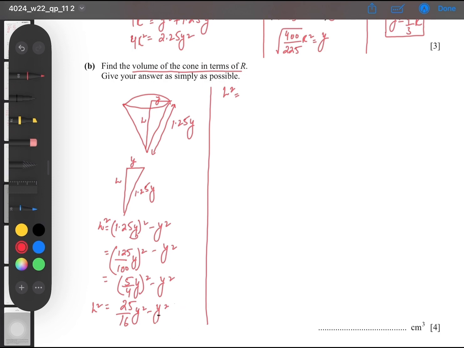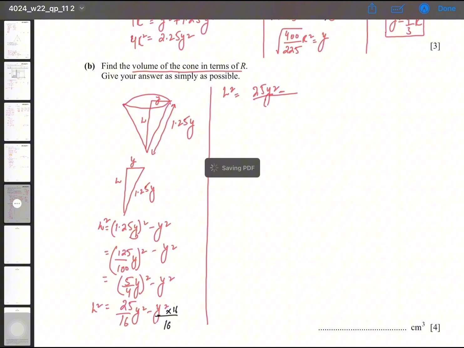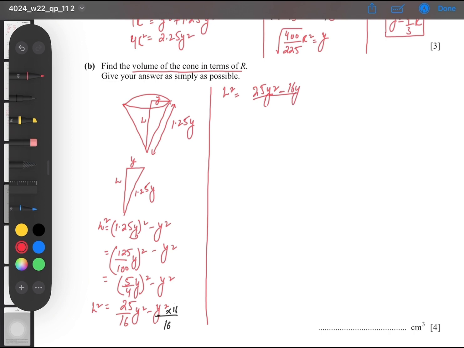So this will be 25 y square over 16 minus 16 y square over 16. It will be 9 over 16 y square. I'll take the square root on both sides, so h is equal to 3 over 4 y.